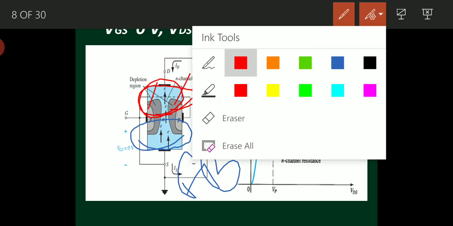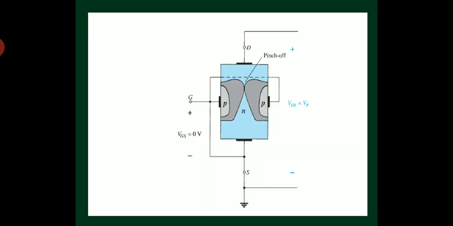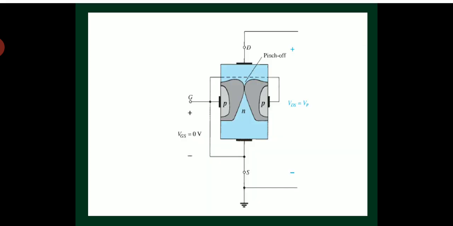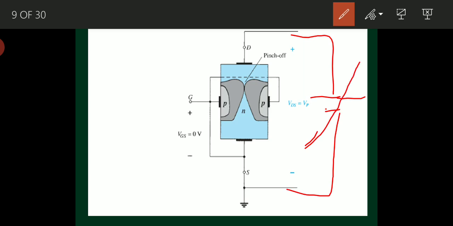Let us move on to this slide. Here you can see, if the reverse bias voltage VDS increases, this junction will get reverse biased much more.